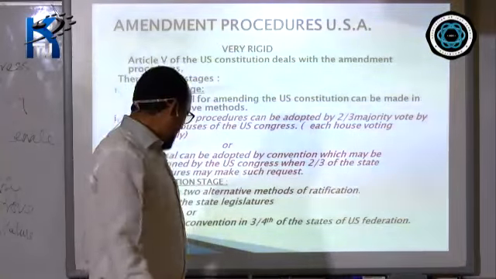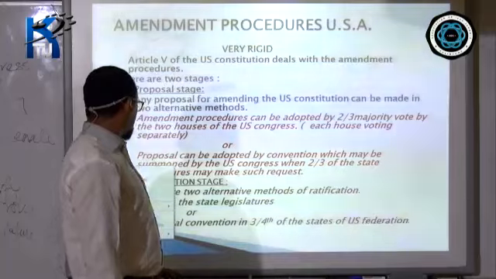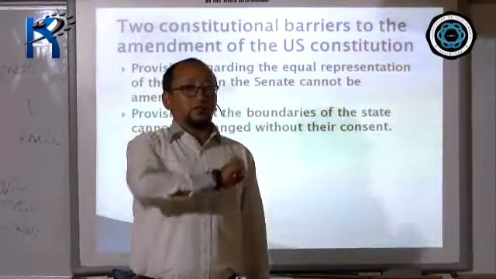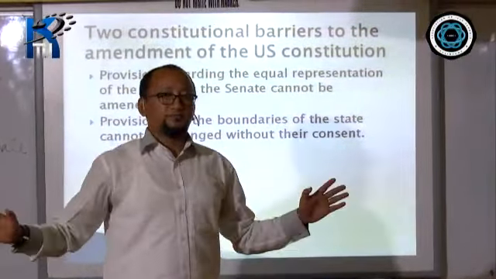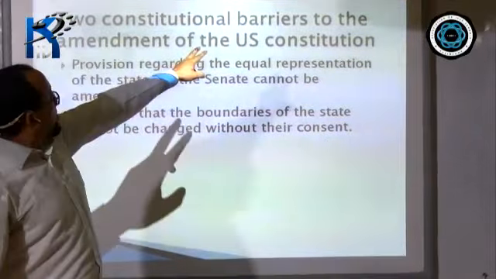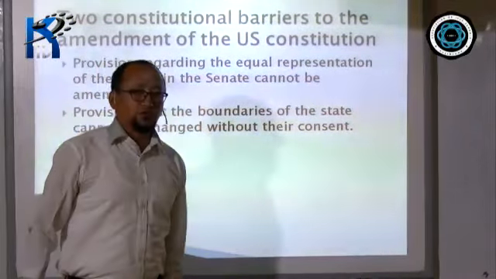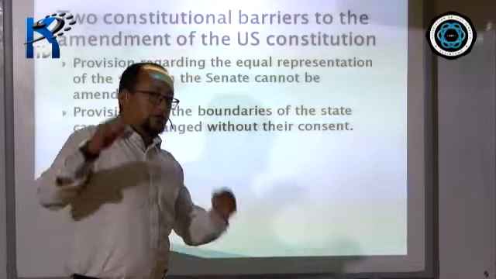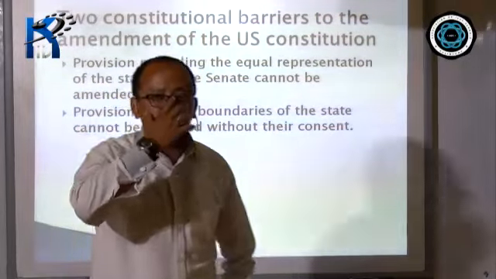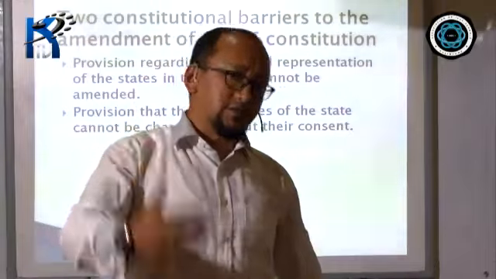But now, there are two things which you all have to take into account. There are two things in America which cannot be changed. Okay? Two constitutional barriers to the amendment of the US Constitution. All right? Something to take into account. Number one, the representation to the Senate.